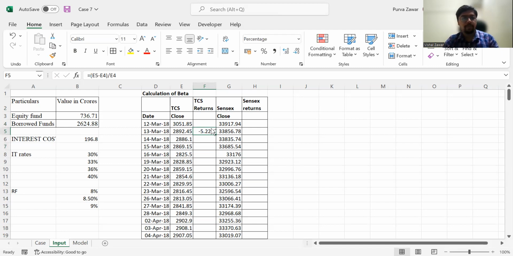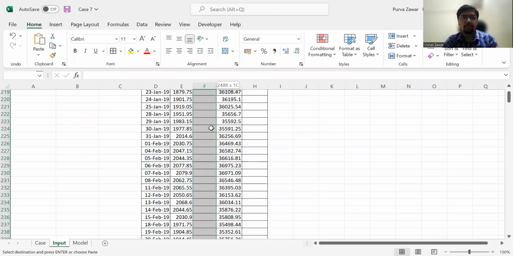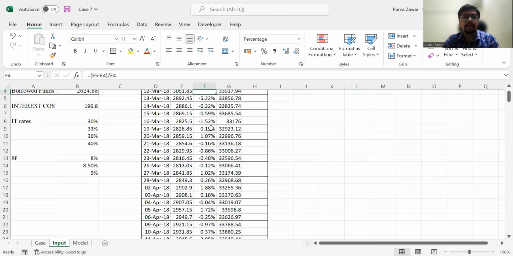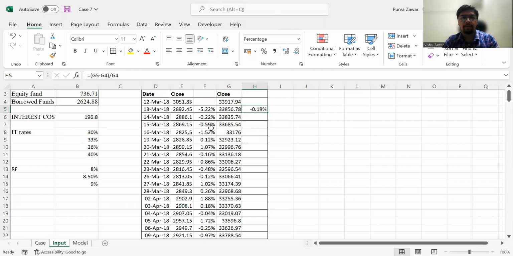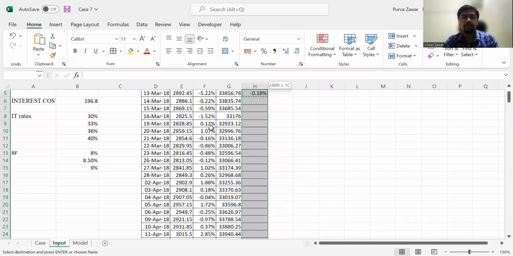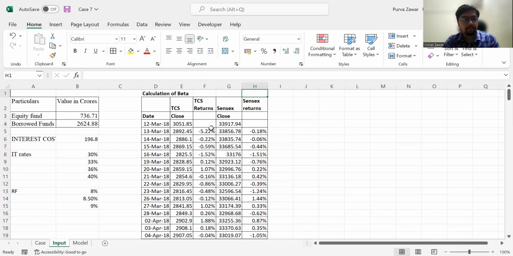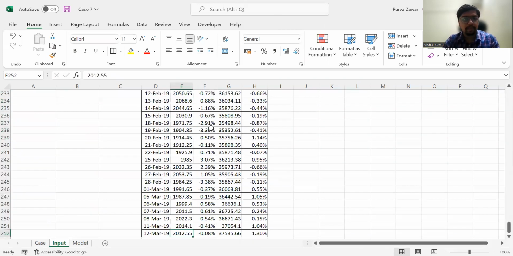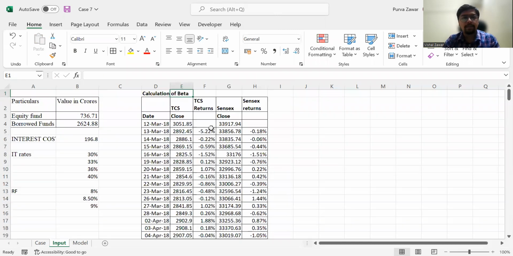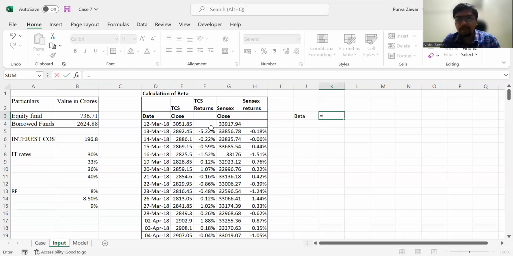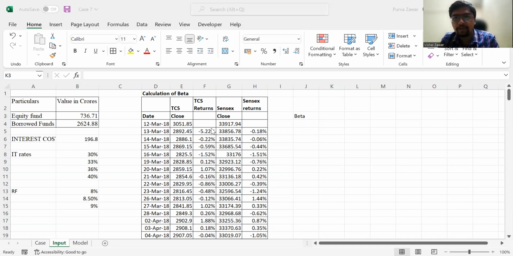So I can find this for all the days, and same thing I can do for market. Now I want to find out a beta. For beta, in Excel we have a function called SLOPE. The slope function will use these calculations and tell you the beta of the stock.